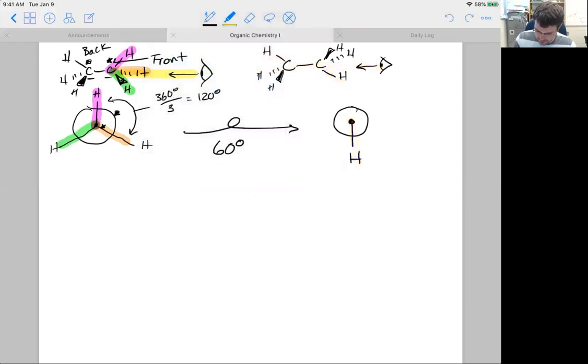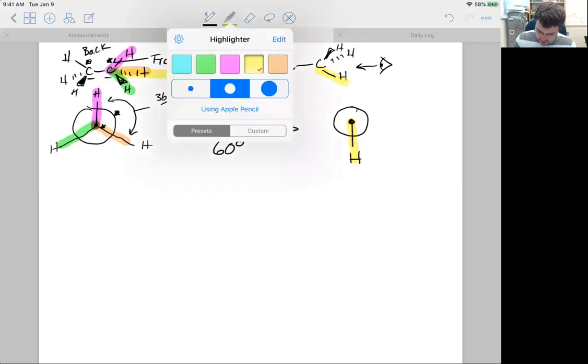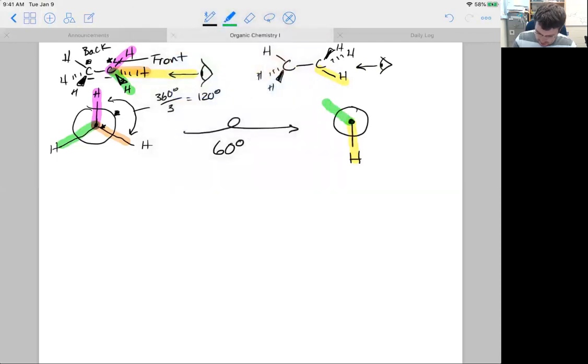If I'm going to capture that in my Newman projection, I should see that I've got a wedge and a dash that are going to form diagonal substituents that appear to be 120 degrees apart. And that's just a little bit of an illusion based on the way that we're looking down this.